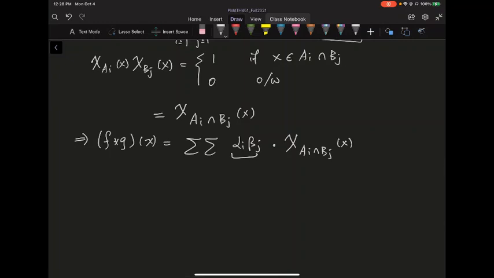Because A is an algebra, each of these intersections is again a set in A. So this is also a linear combination of them, so it's inside F. So F is an algebra. Essentially here, I'm really just using the fact that A is closed under intersection. Technically that is sufficient for this F to be an algebra.